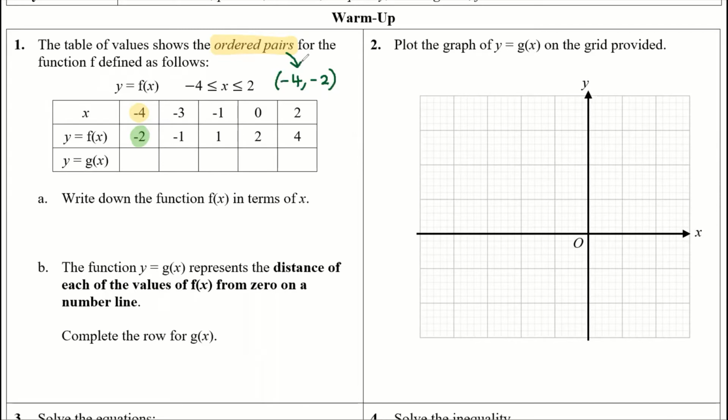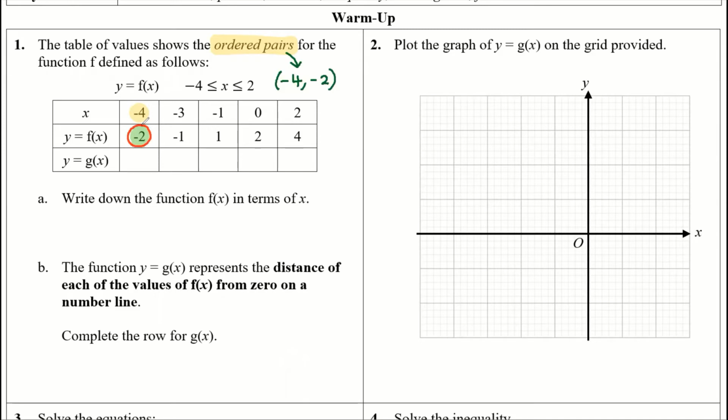Now, the first job we have to do is write down the function f of x, in terms of x. We're not really given any clues algebraically. We just have to deduce the function from the table of values. You can see that for specific values of x, whatever the x value is, the y value that you get out of it appears to be 2 greater, and I hope you spotted that.